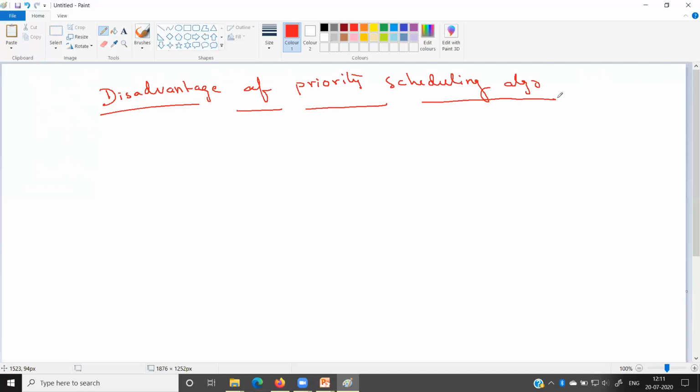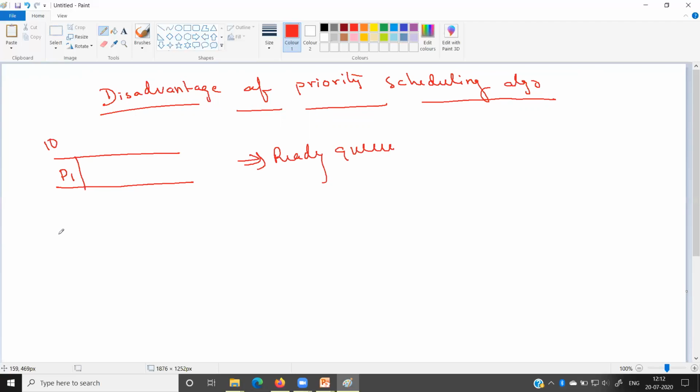So what is the problem? Consider the ready state. If I draw the ready queue, so this is my ready queue. Now a process P1 arrived with priority 10.